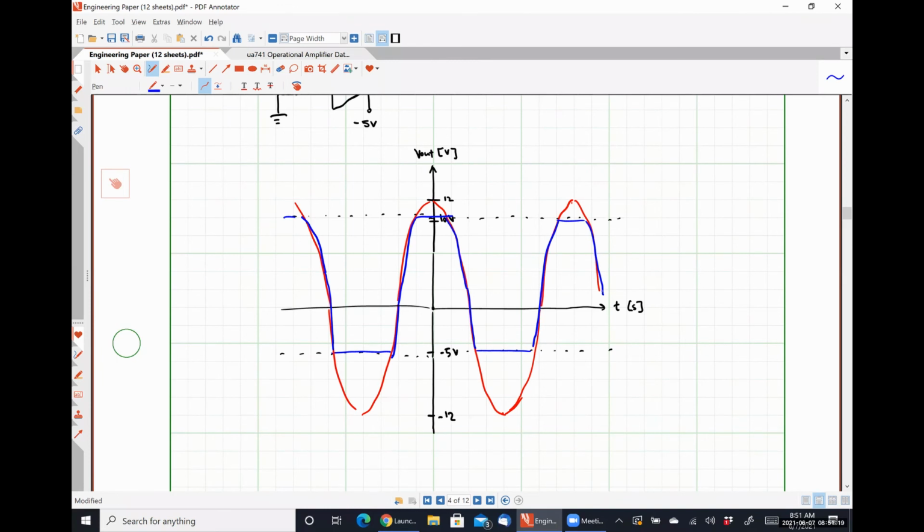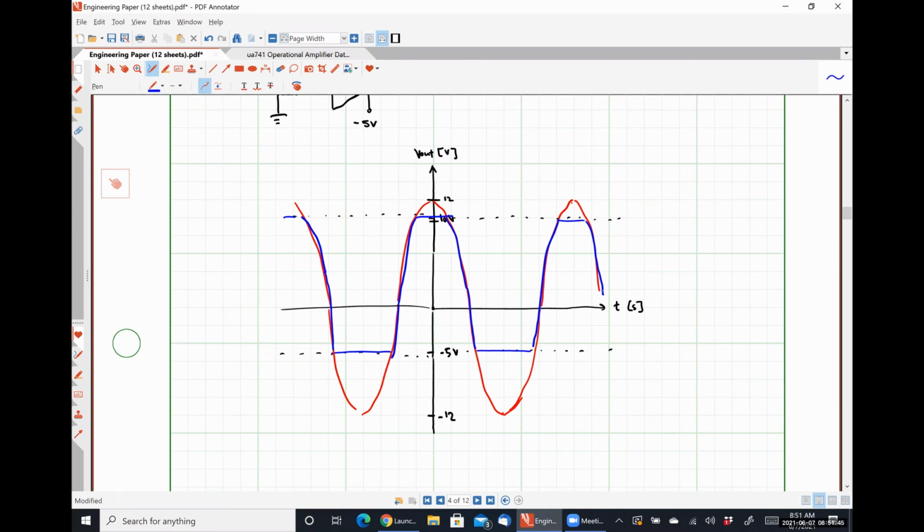You may have seen something that looked like this in the mini lab experiments on op amps back in Circuits 1, depending on how meticulously you followed the directions. So if you didn't set your supply voltages up correctly, your waveform probably looked something like this, where the peaks got chopped off and all that kind of stuff.